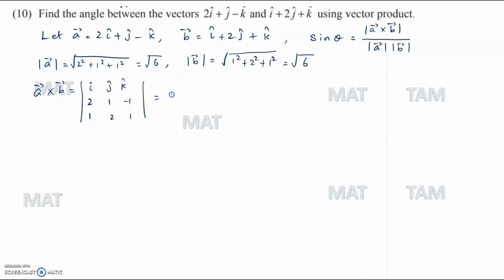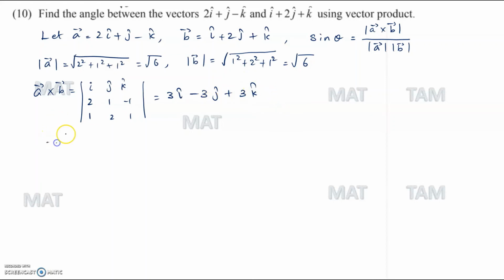So finding the determinant value, we get 1 plus 2, so it's 3 i cap, minus j into 2 plus 1, so it'll be plus 3, so minus 3 j cap. Then k into 4 minus 1, so 3, so plus 3 k cap.